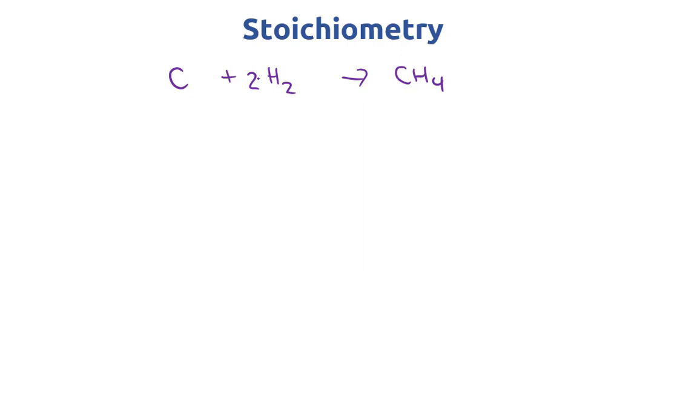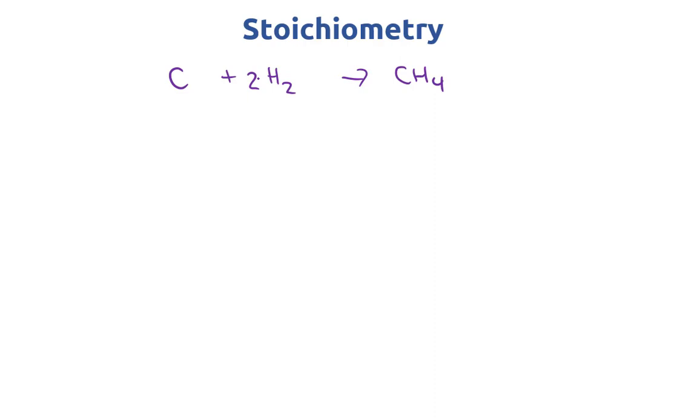Molecules are so tiny that even saying millions wouldn't be enough. We're going to have a countable number of molecules reacting, but it's so huge that we might as well just be thinking about things in terms of ratios. So the 1-to-2 ratio of carbon to H2 is what's really important here.